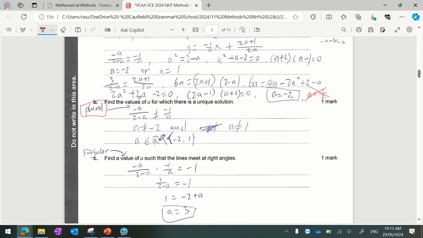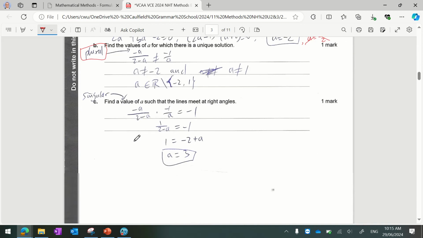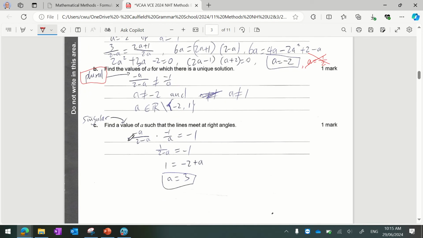It's not that powerful of a trick, but it just means that if you get one answer for a, then you know you're wrong. Similarly, in question C, value, if you look at that, it's a singular form, right? The noun value is singular, there's no S at the end, which means you're expecting one answer for a. If you end up getting more than one answer for a, you know you're wrong. So that's some hint for you.